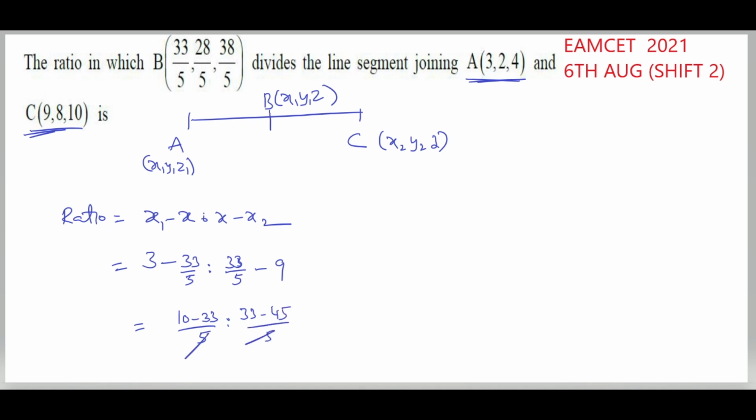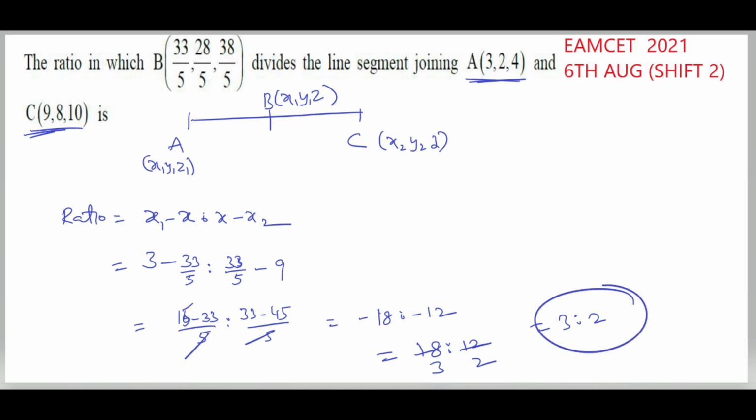Here 5 cancels, that is equal to 10 minus 33... 5 into 3, this is 15. 15 - 33 is -18, is to 33 - 45, this is -12. Minus cancels. 18 is to 12, 6 3s are 18, 6 2s are 12. That is equal to 3 is to 2. This is the required ratio.